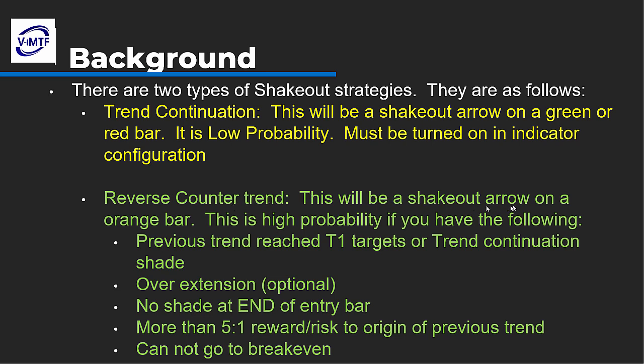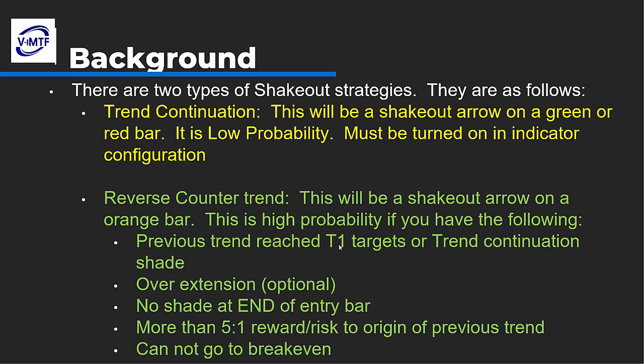You have a shakeout arrow on an orange bar. When this happens, it's high probability if you have some of these situations in here, okay? Some are mandatory, some are optional, and you could see the ones that are optional. So for us to go counter trend, we really want to see one of two scenarios. One is the previous trend has reached the target, the blue crosses.